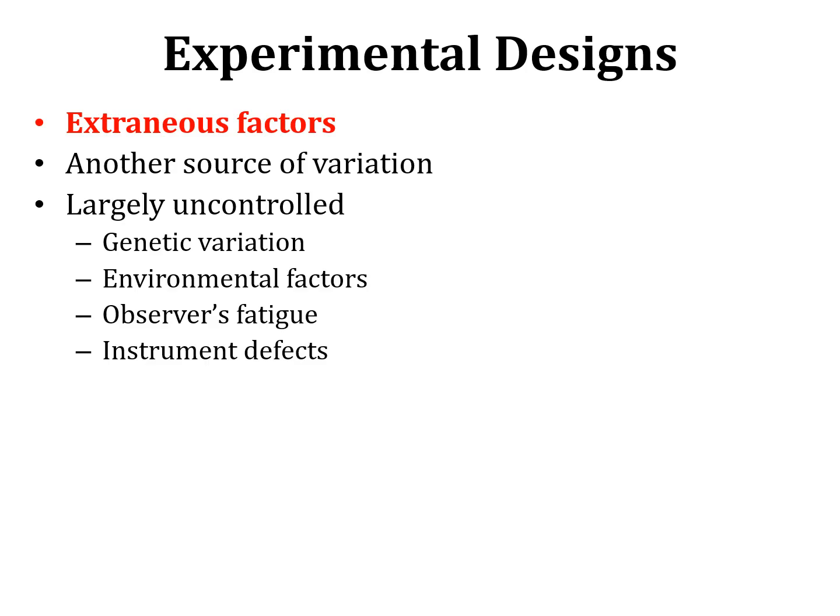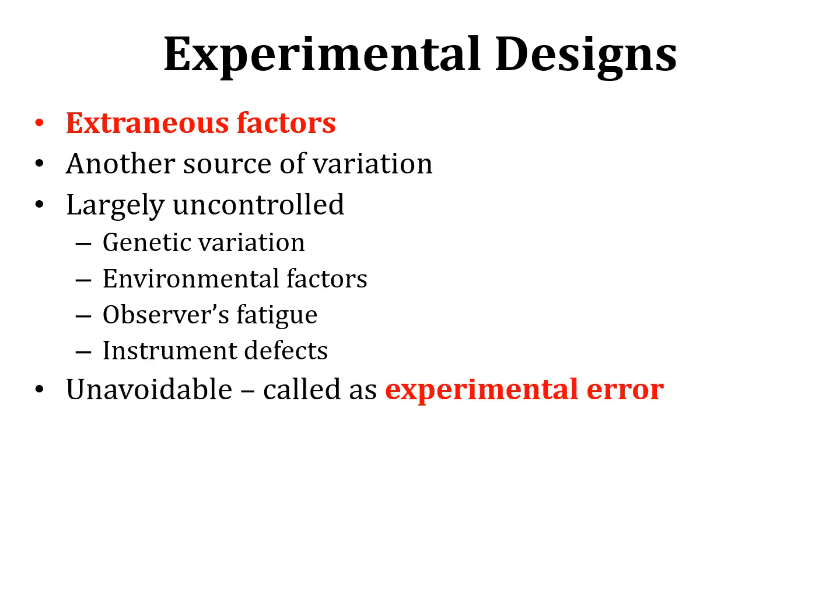And the instrument effects. Of course, if we are taking measurements from instruments, there could be some error in the instrument that largely goes unnoticed. That could result in a source of variation. These sources of variation are largely uncontrolled and are known as extraneous factors.